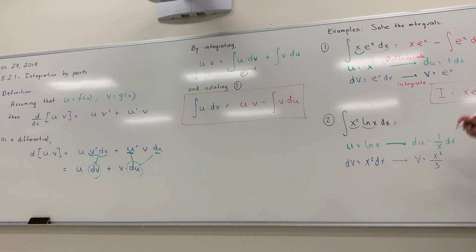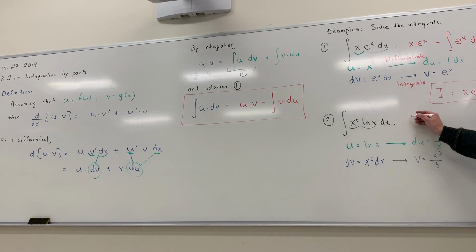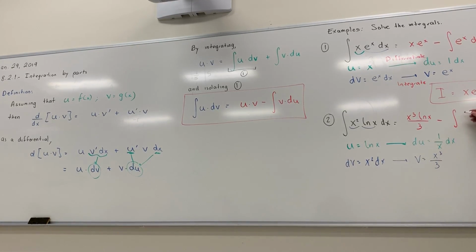If I apply that formula, u times v, x to the cube ln of x over 3, minus the integral of what? v times du. So, 1 over x times x to the cube over 3 dx. Right? Question. Can I simplify this and then solve it?